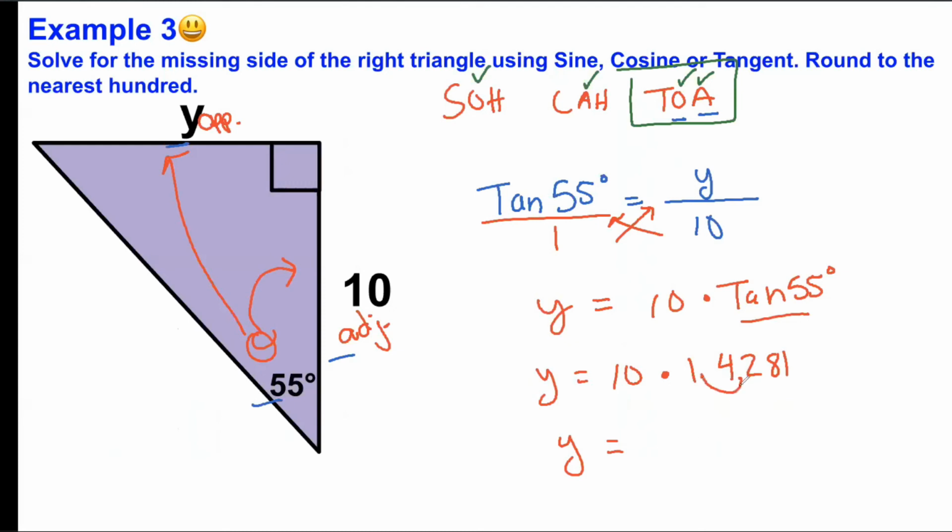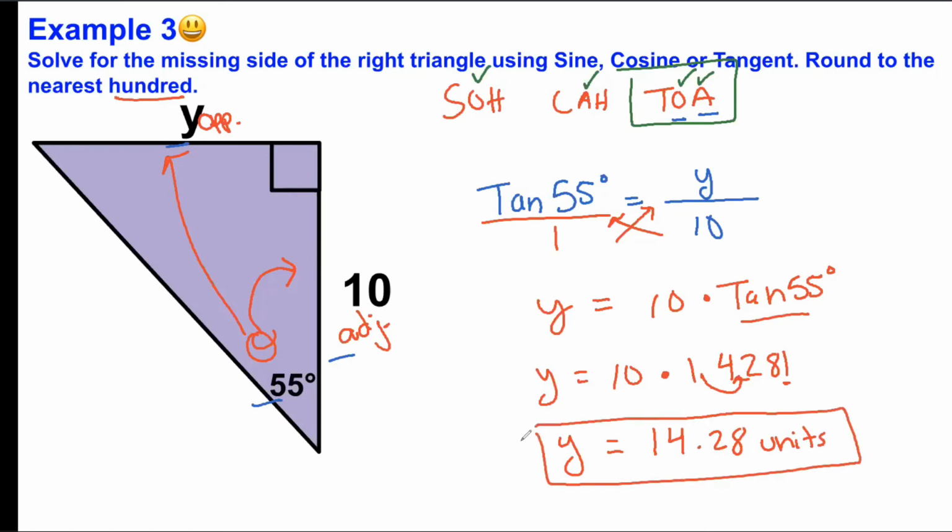It moves just one space over, 14.281. And we drop the 1 because we round to the nearest hundredth, 14.28. Don't forget to write units. There's no measurement specified here, so you can write units for whatever there's no measurement. 14.28.